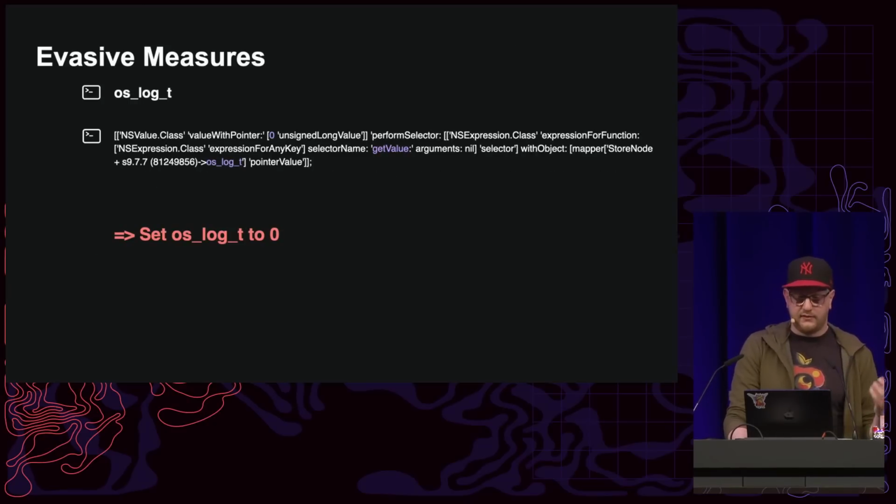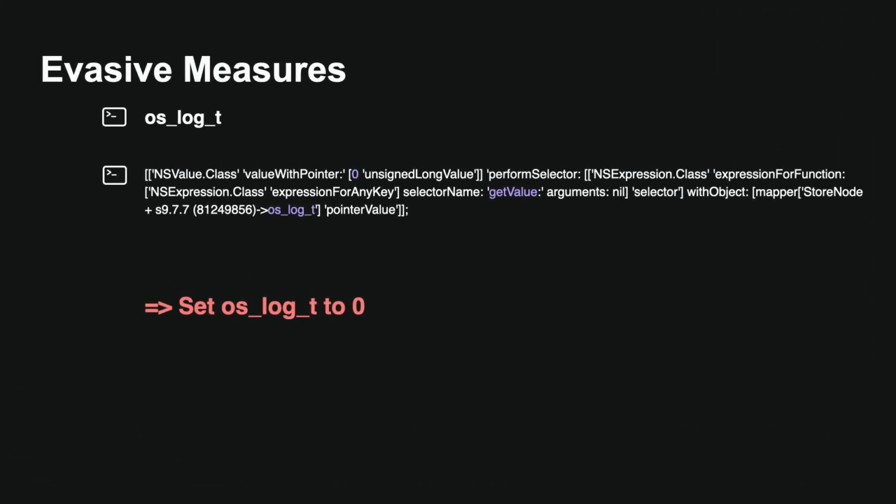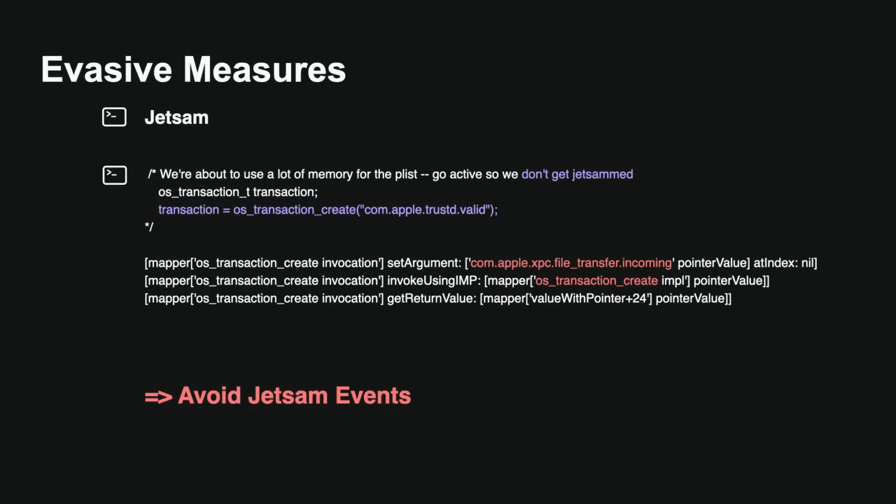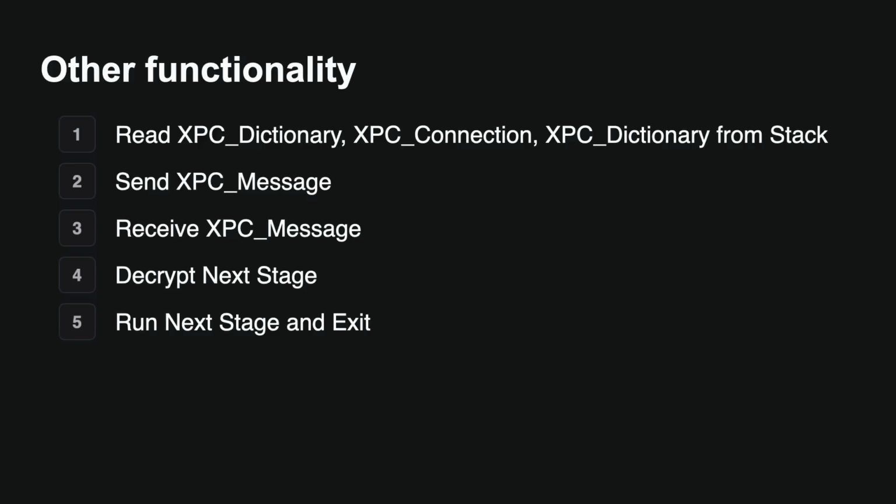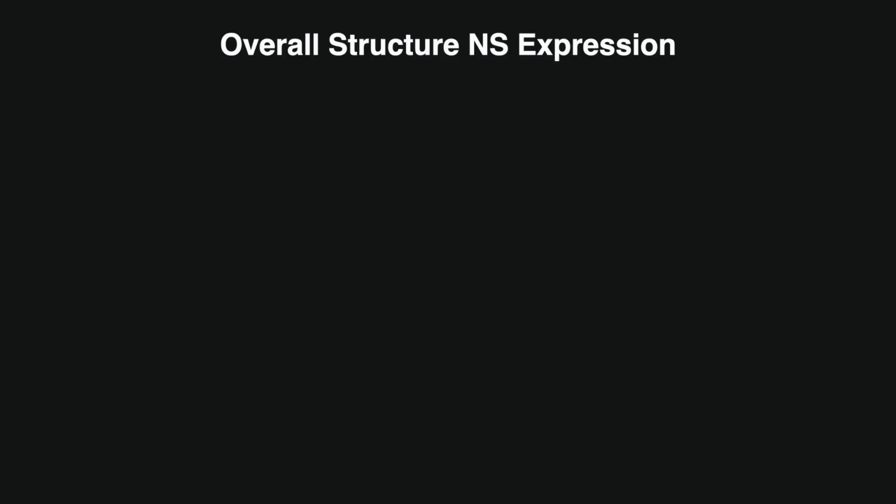Some evasive measures that the sample was doing: it was setting OSLog to 0, so they were suppressing logs, they were avoiding jetsam events, and there were lots of other functionality that was used in order to decrypt the next stage. So the overall structure of this was, at the end, it was loading some frameworks, extracting a config file, checking if the device is in the config. If not, it would exit.